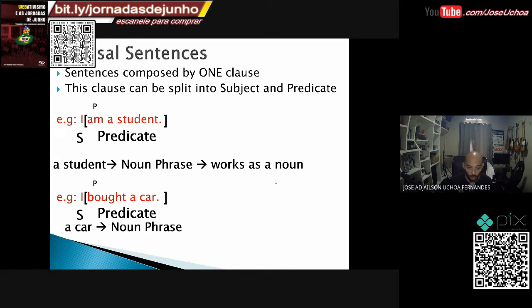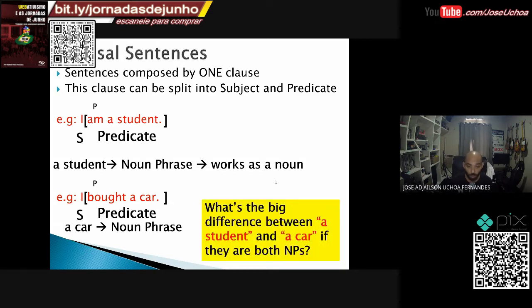Okay, so a car is also a noun phrase, which means it works as a noun or as a pronoun. Okay, but there is a difference between a car and a student. They are both noun phrases, and we learned about noun phrases. They behave either as the subject or the object.